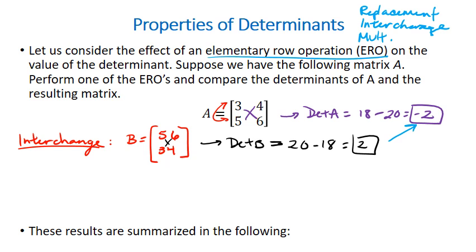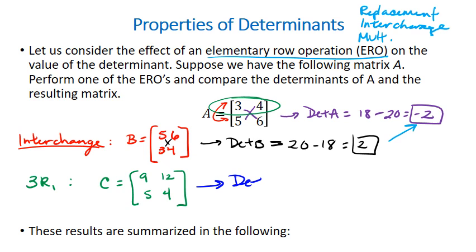Let's try one more example. Let's try a scalar. Let's take 3 times row 1, and let's call this matrix C. So if I take 3 times this first row, I get 3 times 3, which is 9, and 3 times 4, which is 12. All right, let's find the determinant of this matrix.